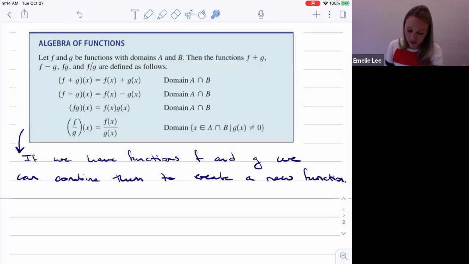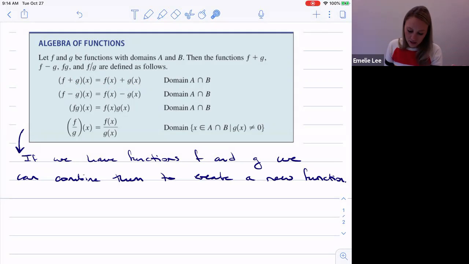If I had just asked you to find f plus g, then what would you do? You'd probably just add those two functions together. And that's exactly what we're doing. So how we denote it is my new function is called f plus g, right? So f plus g of x, they have the same variable. We're just going to write it as f of x plus g of x.